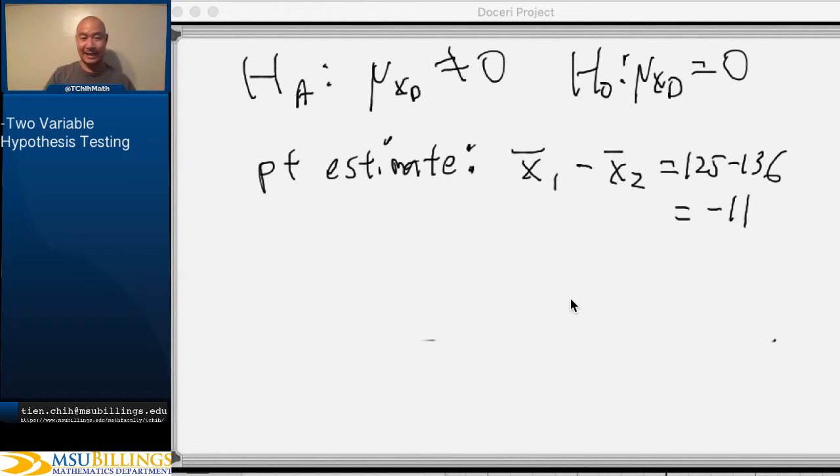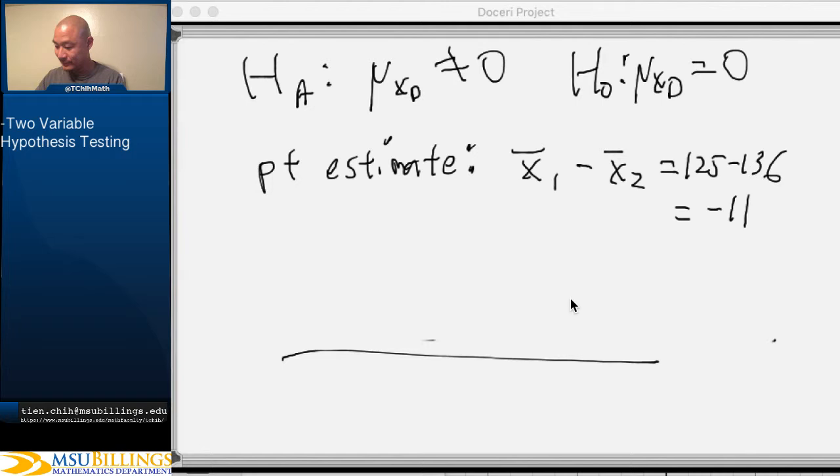I've noticed a negative 11 pound difference. That's what we saw.